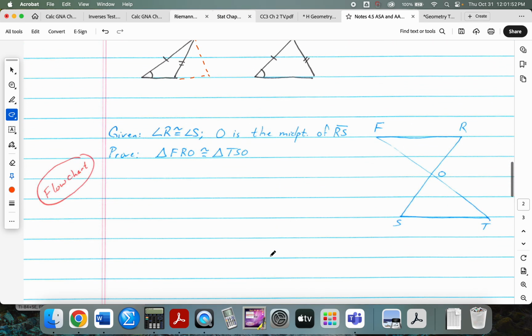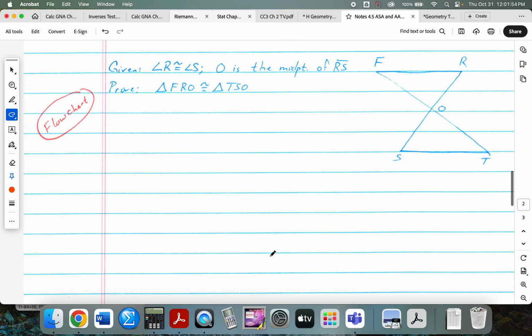So let's do some proofs. And we'll do this one as a flowchart proof just for the fun of it. If you're absolutely opposed to flowchart proofs, you can do it as a 2-column.